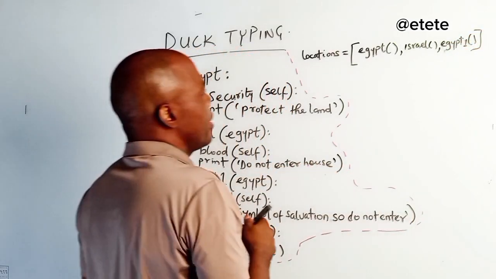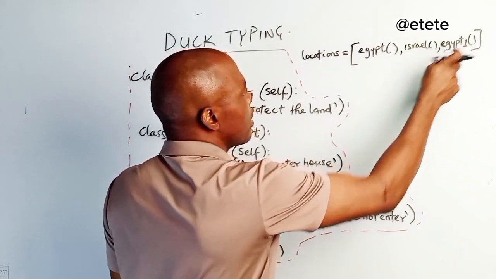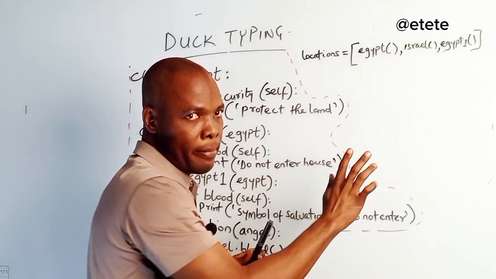Then I'll close it. Now I'm going to use a for loop to iterate them.